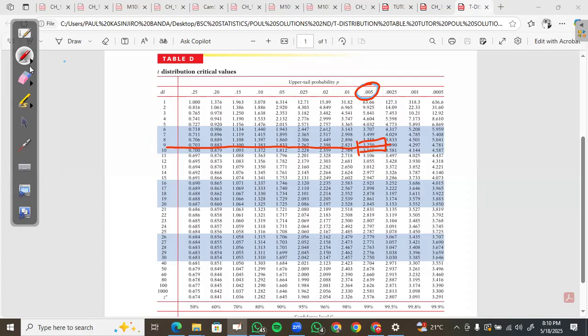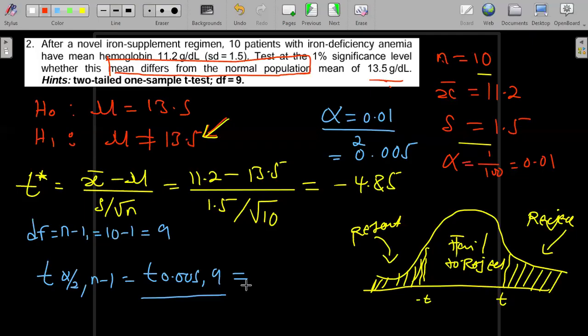That value is 3.250. So I'm going to write here plus or minus 3.250, and the minus I'm going to put here, minus 3.250.